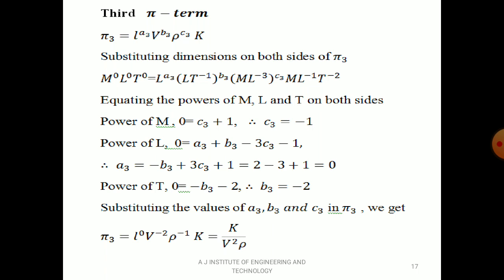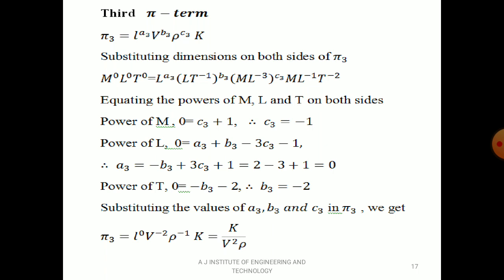Then we equate the powers of m, L and t on both sides. First, equating the power of m: on the left hand side we have m to the power 0, and on the right hand side m to the power c3 and m to the power 1. So 0 equals c3 plus 1, therefore c3 equals minus 1.